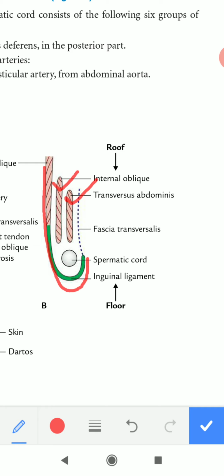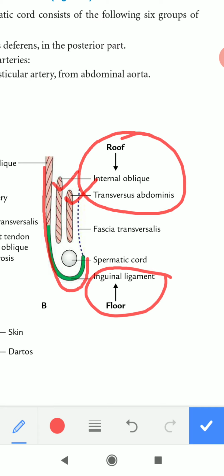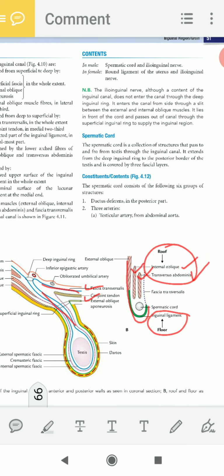So the floor is formed by the inguinal ligament, and the roof is formed by the other two muscles, the internal oblique and transversus abdominis. So this is the boundary of the inguinal canal. Now we have to know a little bit about the spermatic cord, as the spermatic cord is an important content of the inguinal canal. So let's know about the spermatic cord.